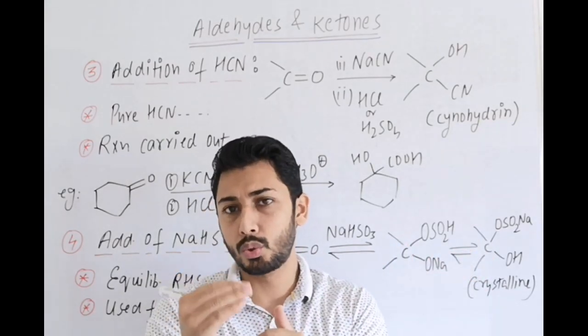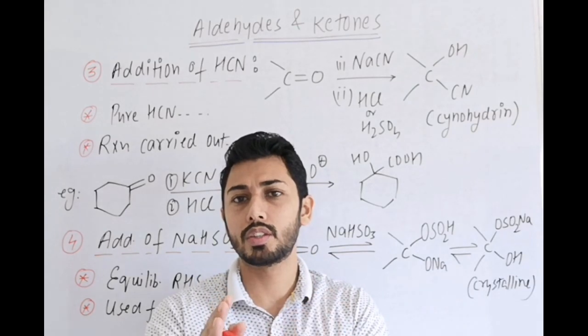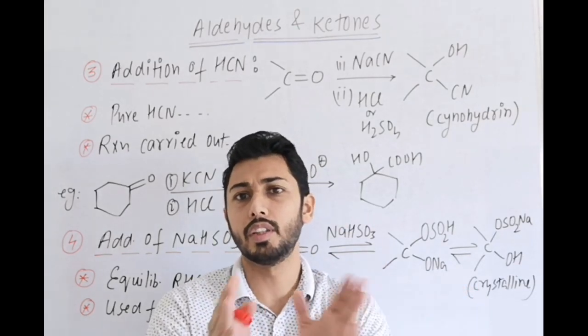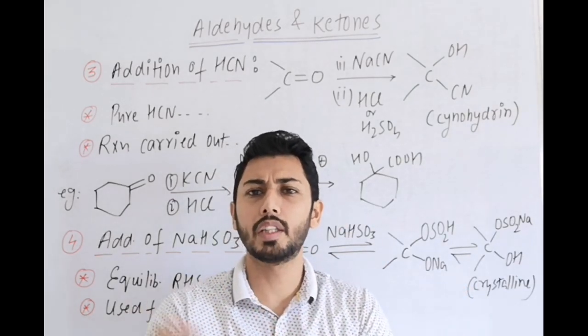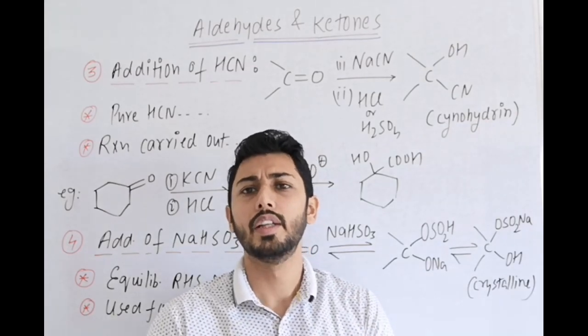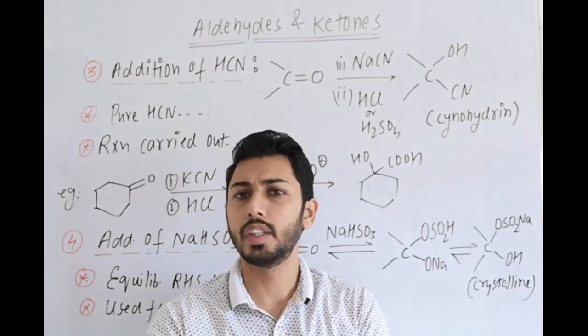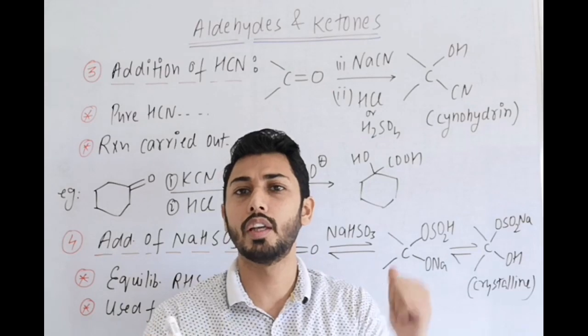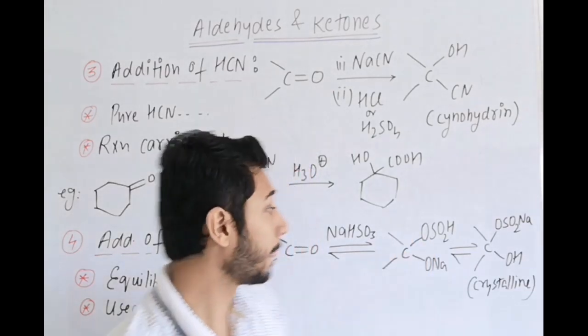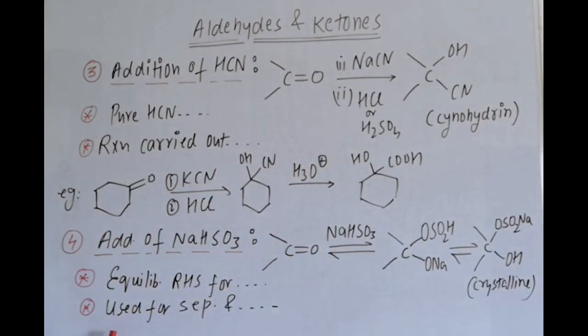That is why, whenever a question asks how you will separate them, always go through the options. If acetone is given and another aldehyde is given, then both will react. But if bulky ketones are there, like pentane-3-one, then this will not react, or will not give the sodium bisulfite test. The other important point is that this reaction is used for separation and purification of carbonyl compounds. These statements are important; it depends how the question is framed.